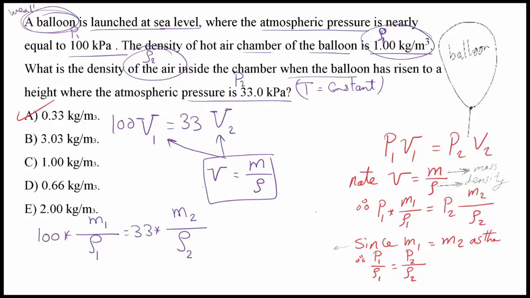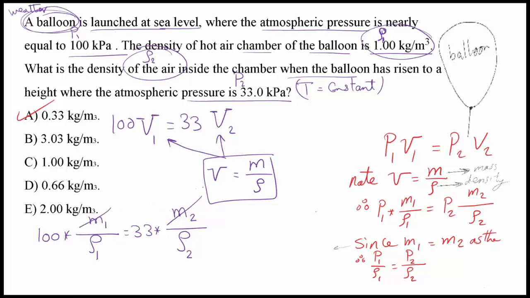In this balloon, there is a fixed amount of gas. So the two masses are the same because it's the same amount of gas. So I can remove M1 and M2.